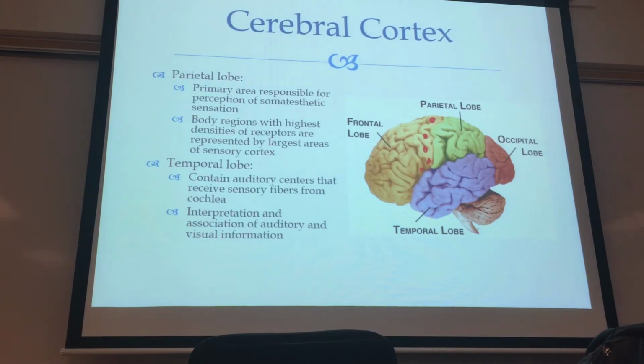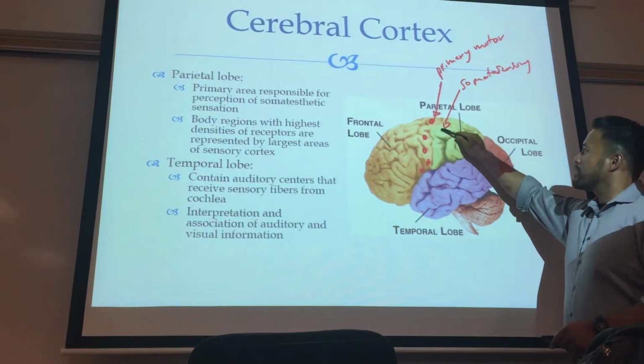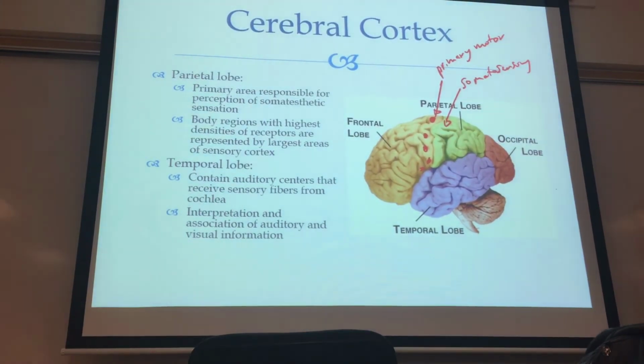And this area, the parietal lobe, the more anterior portion, is going to be called the somatosensory area. This is somatosensory. And this is primary motor. Somatosensory is going to contain neurons that are receiving information about the body.